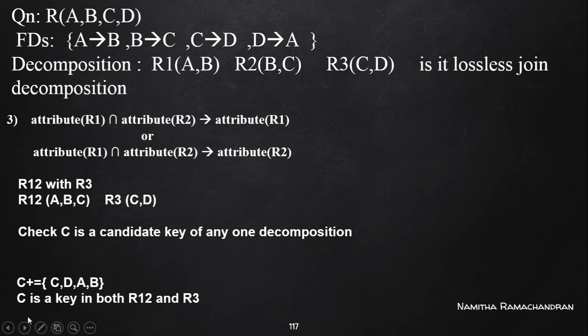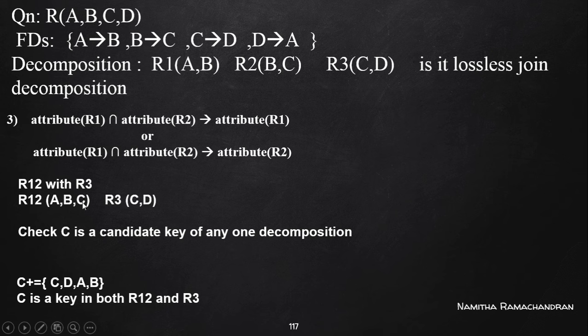Using this closure set, now we can check whether C acts as a candidate key in R12 or R3. In R12, the attributes are A, B and C. A, B and C are present in this closure set.